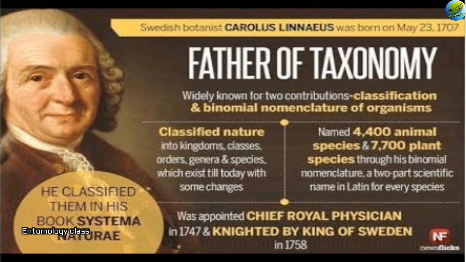The modern era started after 1758, when the well-known systematist Carolus Linnaeus came up with the Systema Naturae book, where he classified almost all the plants and animals he came across during his journey.